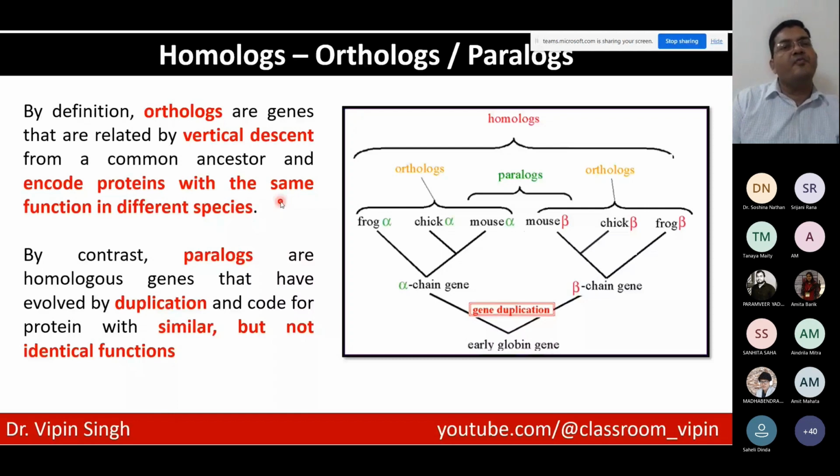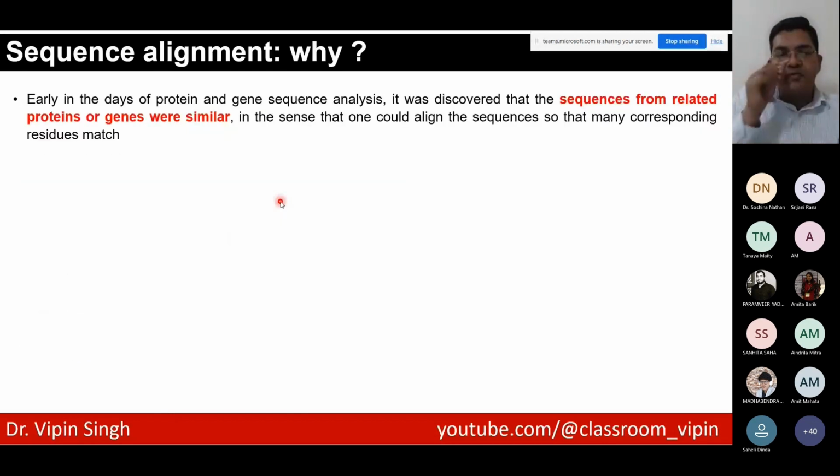And then, of course, if we move on, why do you align sequences? Early in the days of protein and gene sequence analysis, it was discovered that sequences from related proteins or genes are similar. If you have proteins of similar functionality or similar structure and go back and refer to their sequences, you would find similarity in the sense that one could align sequences so that many corresponding residues would match.